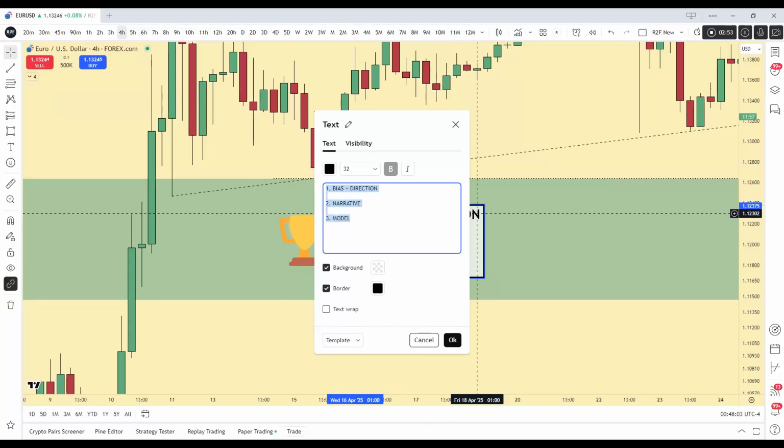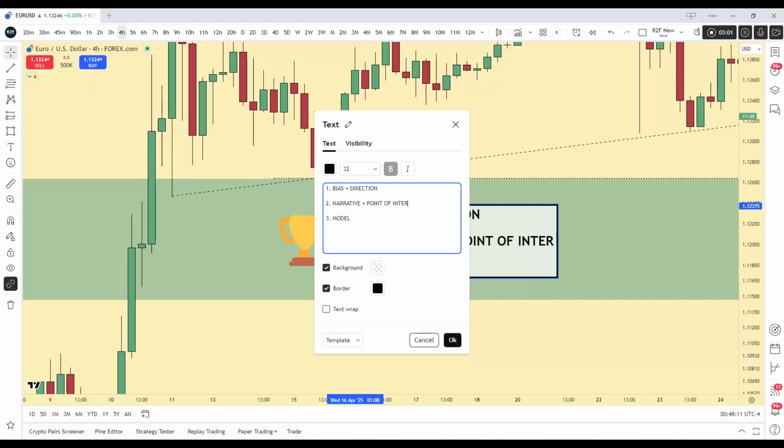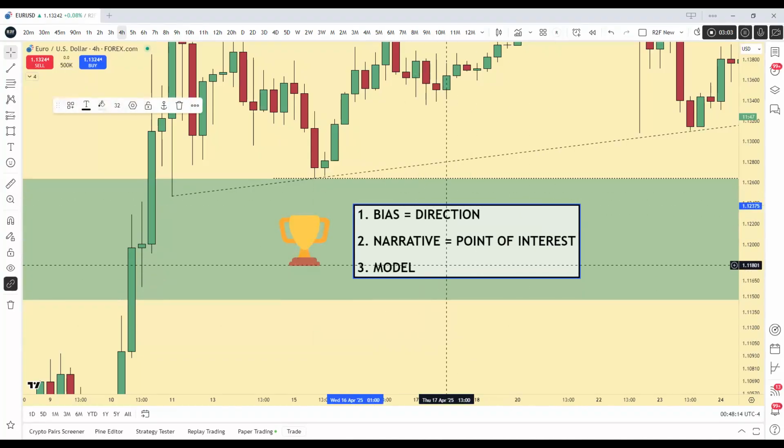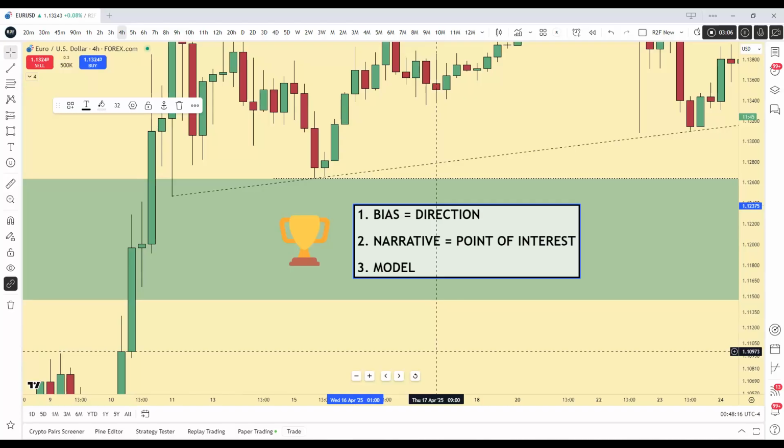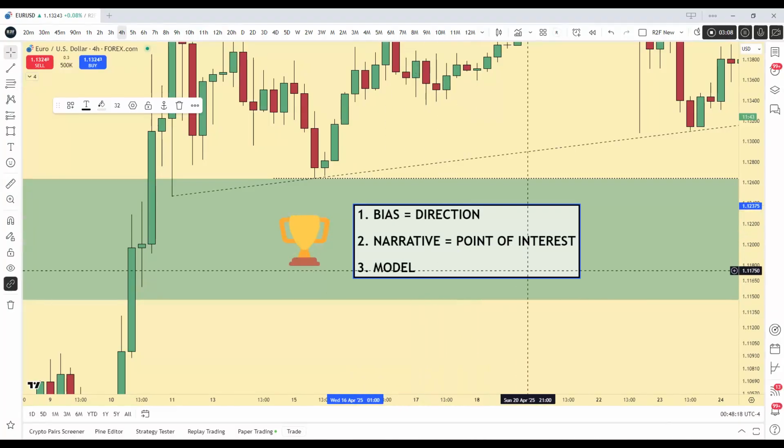So your narrative is your story, and it's basically your POI, your point of interest, which is the area where you're interested in taking a trade. Now, after explaining all this, I'll go through how I implemented this in a recent trade that I took.